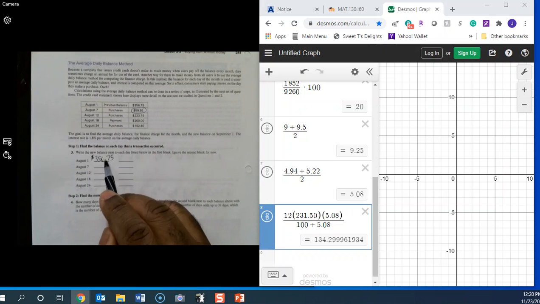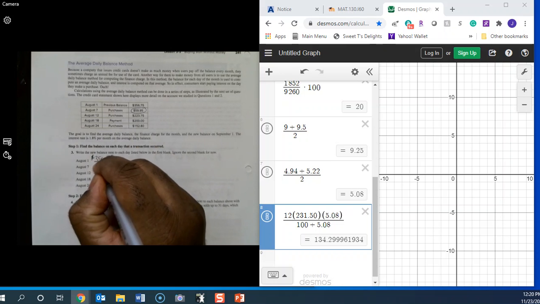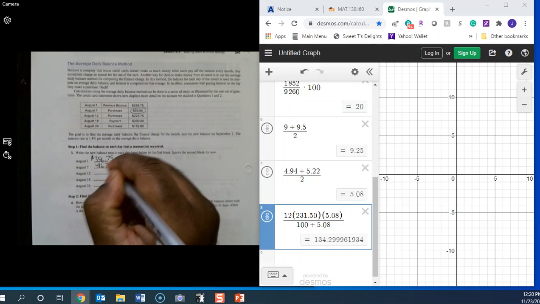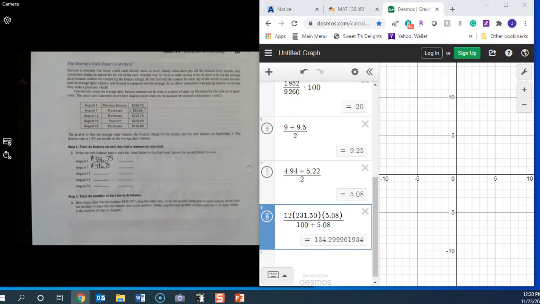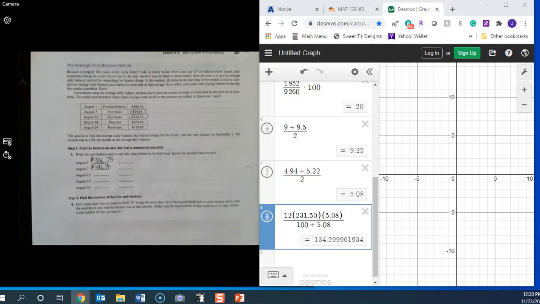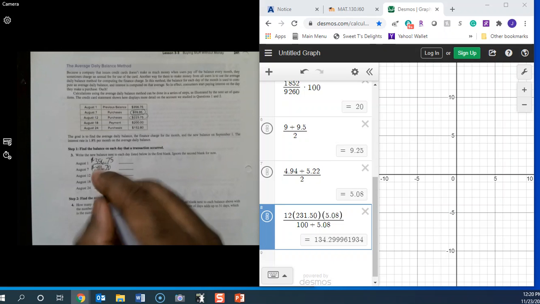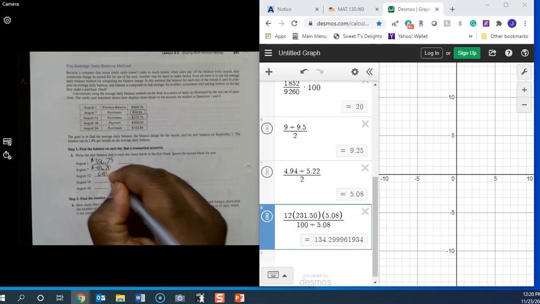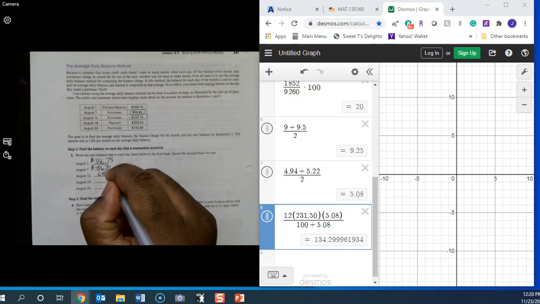So we would add that to this balance here, and that'll give us $416.70. Next, on the 12th, we made another purchase of $223.75. So we would add that here, and that would give us $640.45.